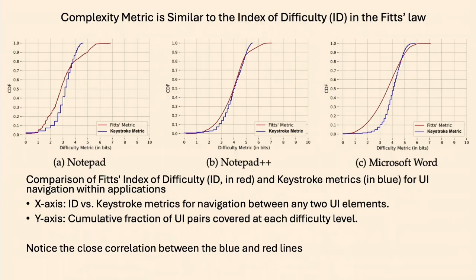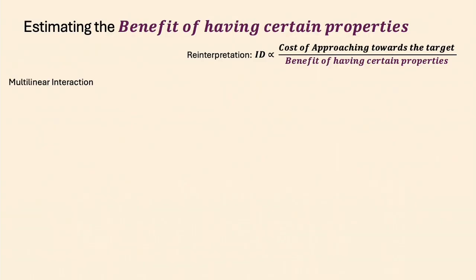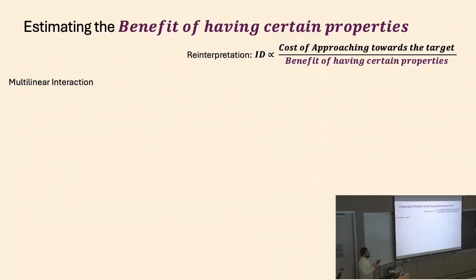You can see they are very close. That means they have some descriptive power. So in our reinterpretation, we said the cost of approaching the target can be simplified by the number of keystrokes it needs to move from point A to point B. That's the low vision, non-visual interaction version of distance or cost.